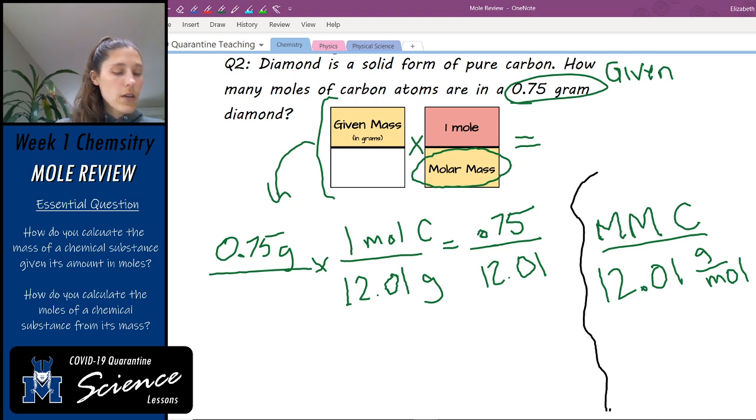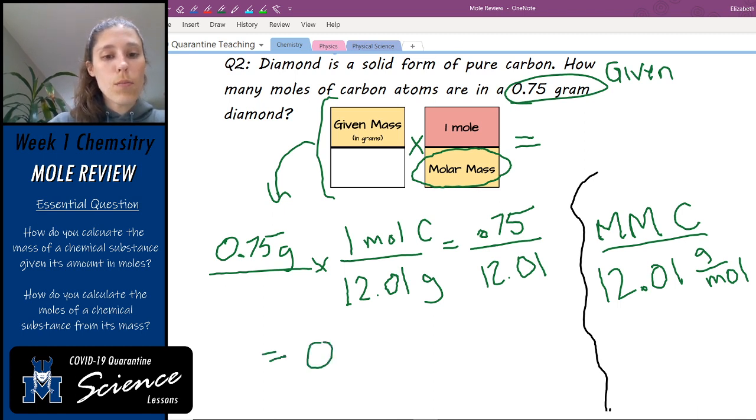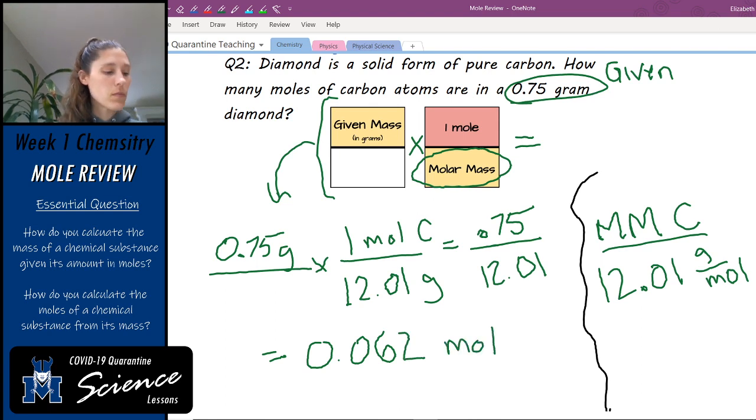Do the math on your calculator and round to 2 sig figs because the 0.75 has 2 significant digits, and we get 0.062 moles of carbon, which is, remember, 1 mole is 6.022 times 10 to the 23 atoms, so it's a lot of atoms, even though this number of moles is relatively small.